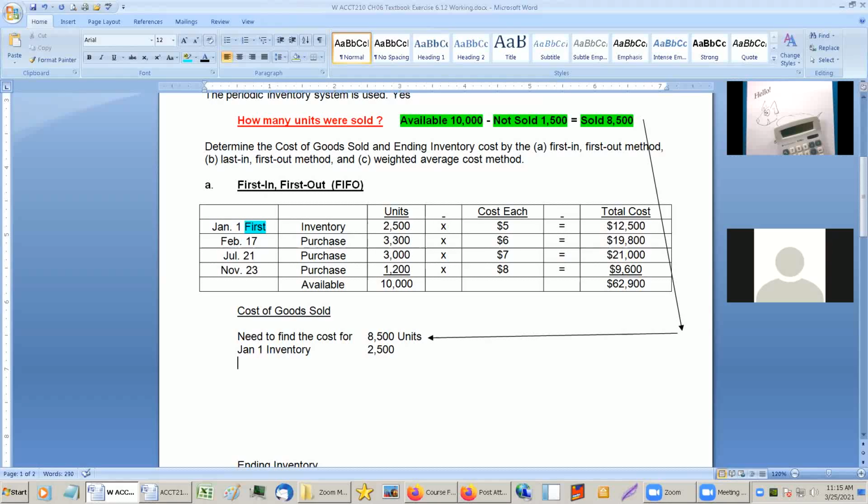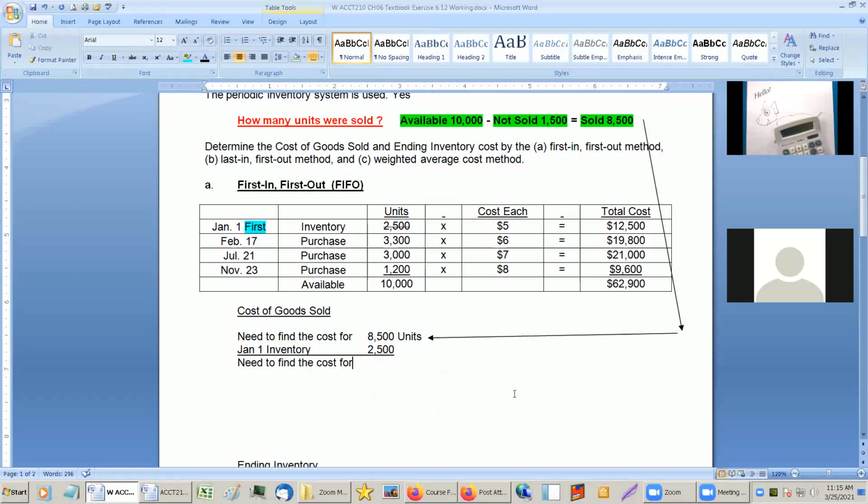So we still need to find the cost. Now, these 2,500, they're gone. And they're never coming back. So don't try to sell those again.